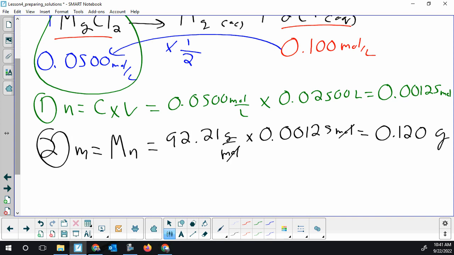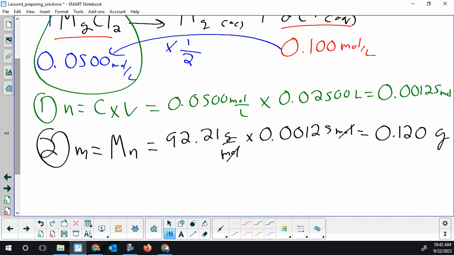And we get, coincidentally, 0.120 grams again. So we need a 3-digit scale. We weigh out this mass. It's going to dissociate, give us double the chloride, and we can weigh that out.